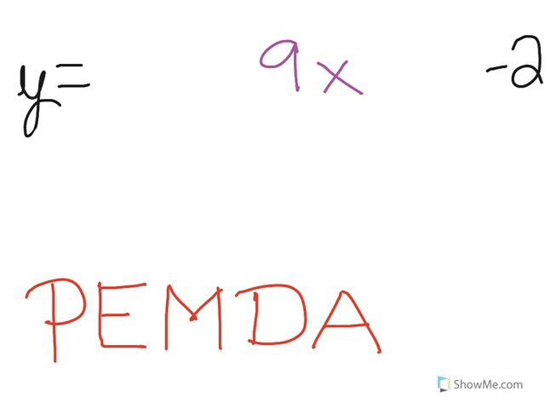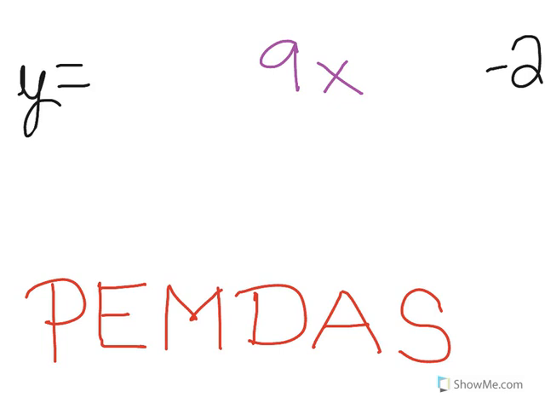So next, I'm at the last step of my PEMDAS problem, which is S, which stands for subtraction. Now there is a subtraction sign in my equation. However, it is subtracting 2 from 9x.